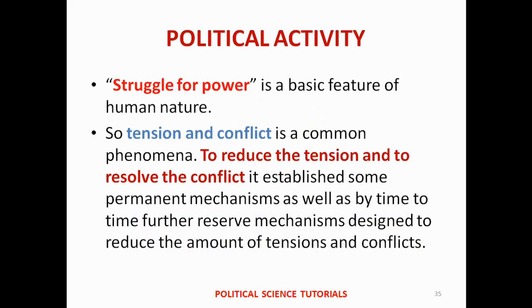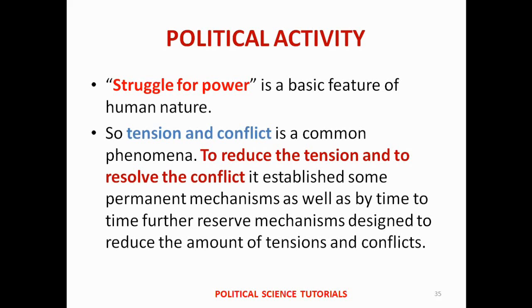Now, let us try to understand what is political activity and what is political behavior. First, political activity. We know that struggle for power is a basic feature of human nature. Starting from family to international level, it is a common occurrence. The causes are innumerable, maybe based on properties, gender or national border or anything. And this struggle for power leads to tension and conflict.